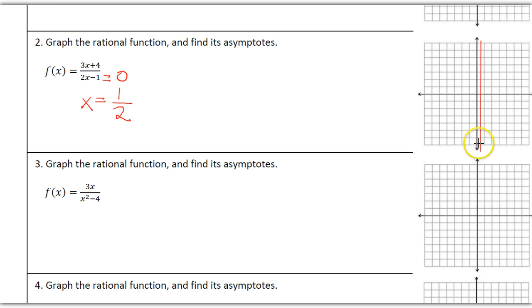So there's our vertical asymptote, and when I put this into a graph, it looks a little bit like so, where it's coming down like so, and then goes up on the inside here like so.